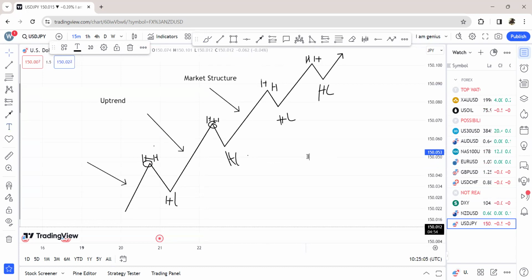So we have an impulsive move and retracements.